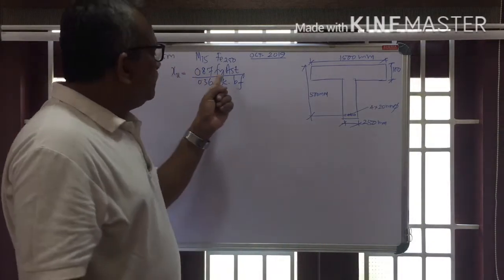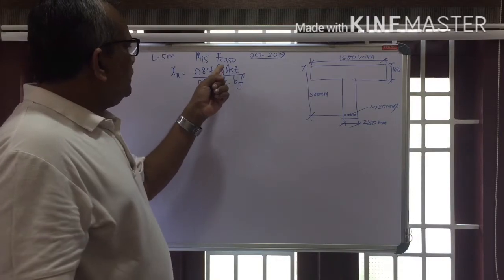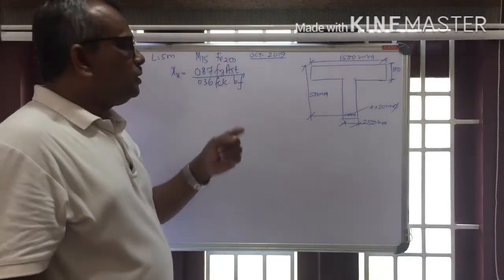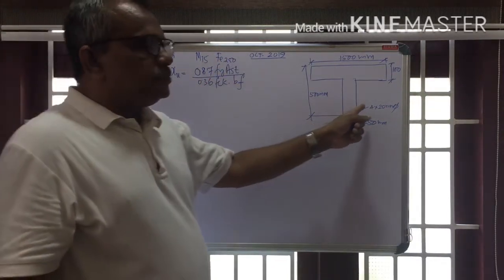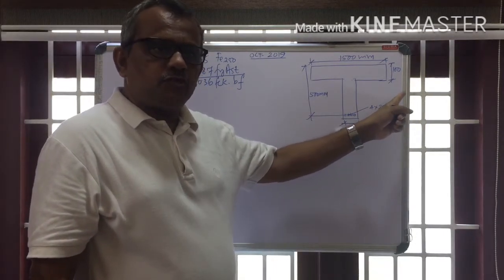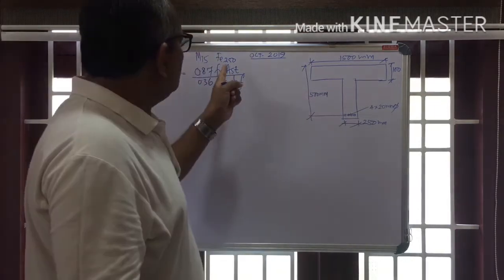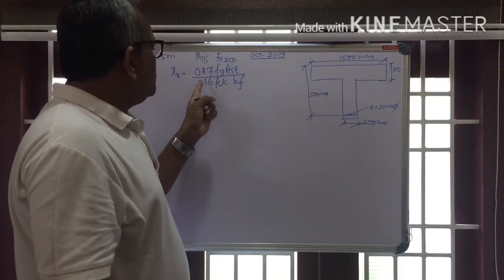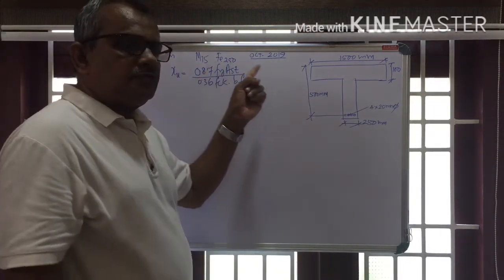Now all the data are given. Fy is given as 250 Newton per mm squared. AST is equal to 4 into 20 mm diameter. That means 4 into pi by 4 d squared. So you will get the area of steel divided by 0.36 FCK. What is FCK?